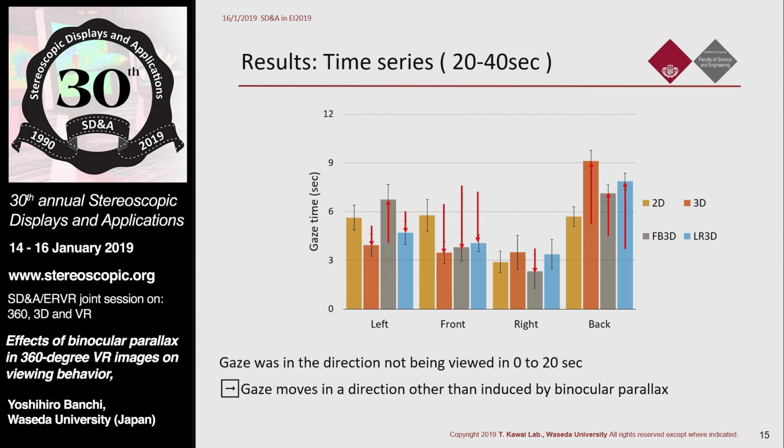It is quite different of the gaze time from upper to lower and lower to higher. From this result, it is found that after a while from the start of the image displayed, the gaze moved in a direction other than the direction induced by the influence of binocular parallax immediately after the starting.